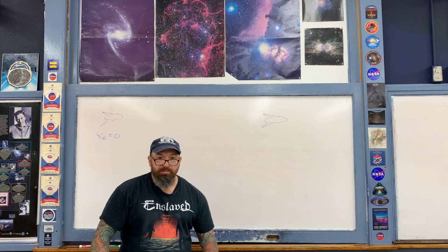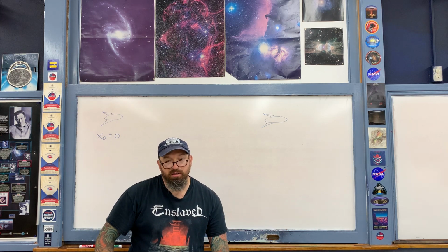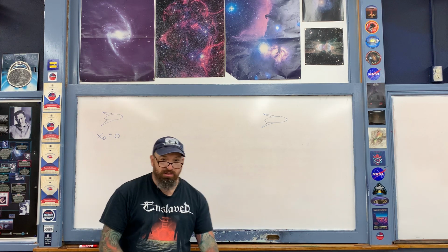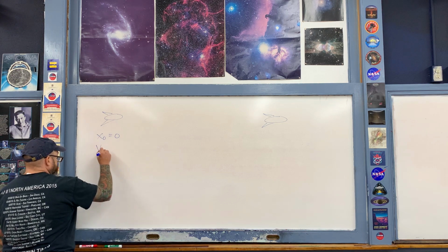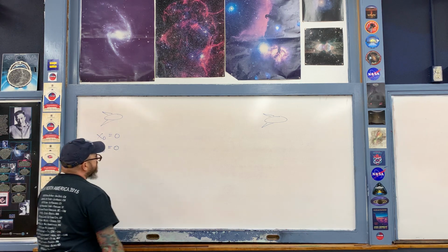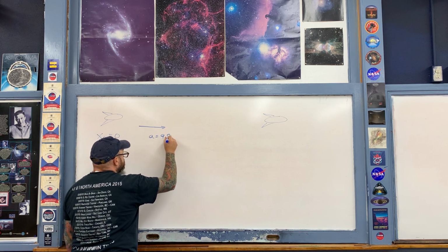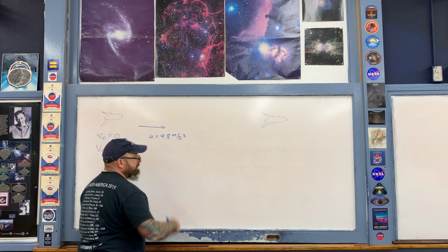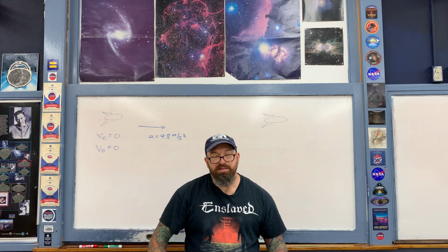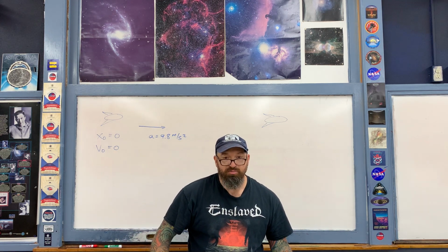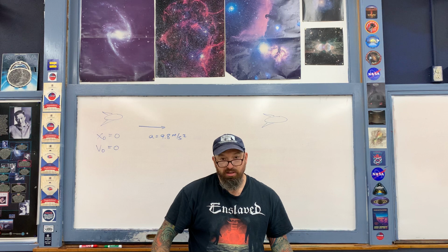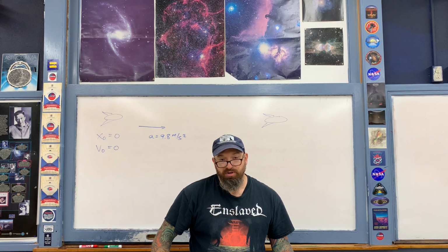Okay, it does say in the problem that the rocket starts from rest, so therefore its initial velocity v0 is equal to 0. And then the rocket undergoes its constant acceleration a in this direction. That acceleration is 9.8 meters per second squared. Incidentally, some of you may recognize that number of 9.8 meters per second squared. If you have, it's because it's a very well-known number.